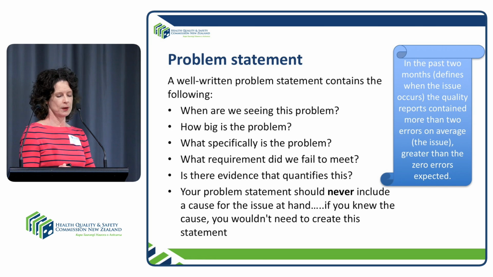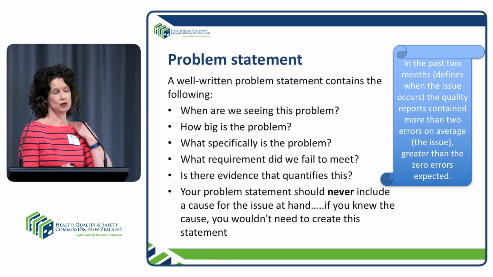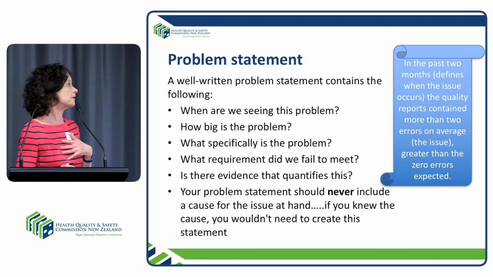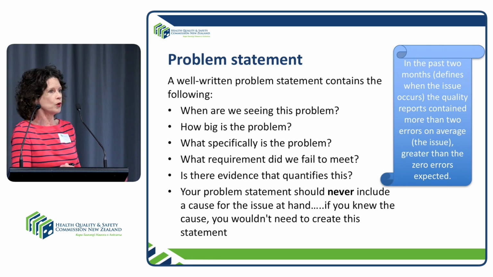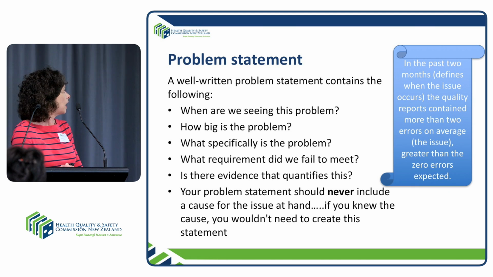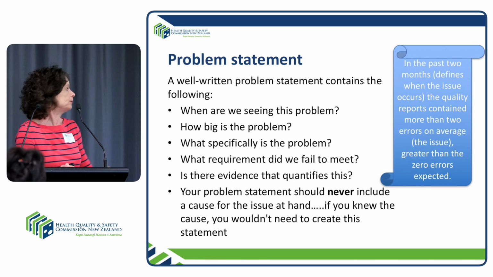So the point of a problem statement is to define, and these are just some thoughts about trying to define your problem statement: when are we seeing this problem? How big is it? What is the problem that we're trying to work on? And what led to us having the problem?